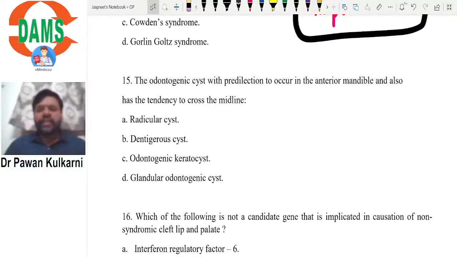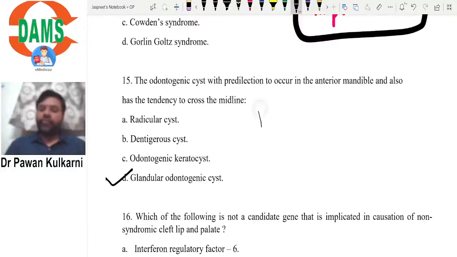The odontogenic cyst with the predilection to occur in the anterior mandible and also has the tendency to cross the midline. So it is the only odontogenic cyst which can cross the midline.